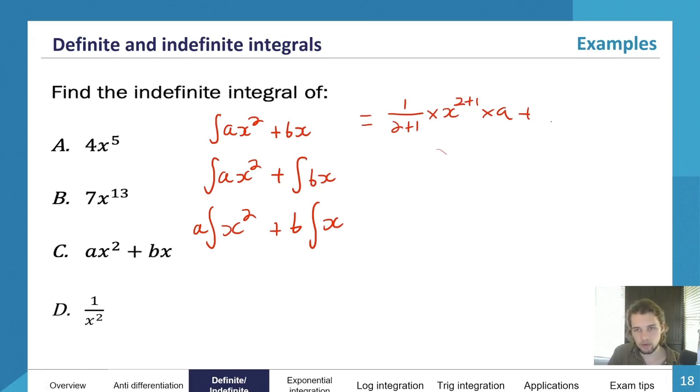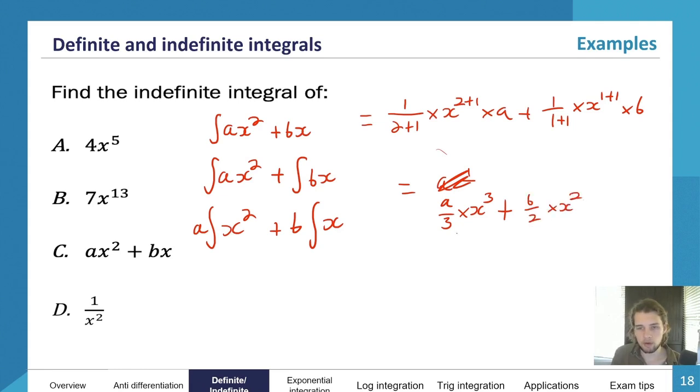So that is 1 over 1 plus 1, multiplied by x to the power of 1 plus 1, and then all multiplied by b. So that should be equal to a on 3 times x to the power of 3, plus b on 2 times x to the power of 2.